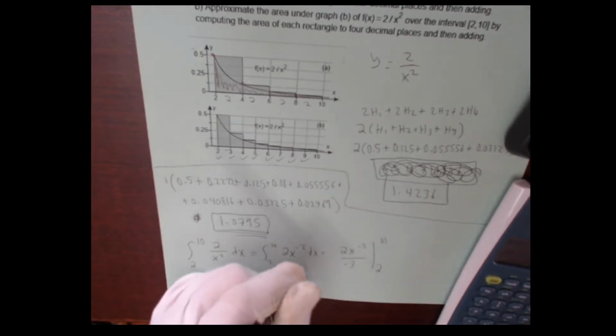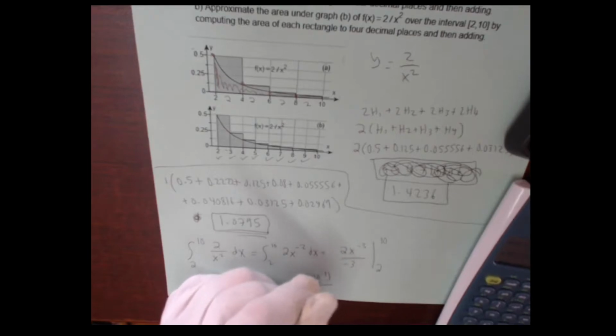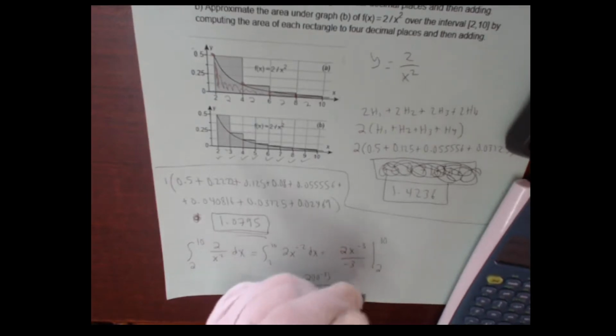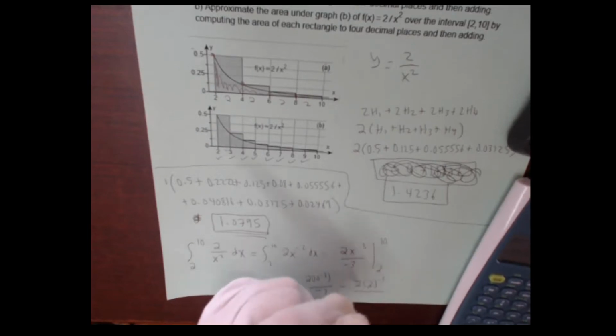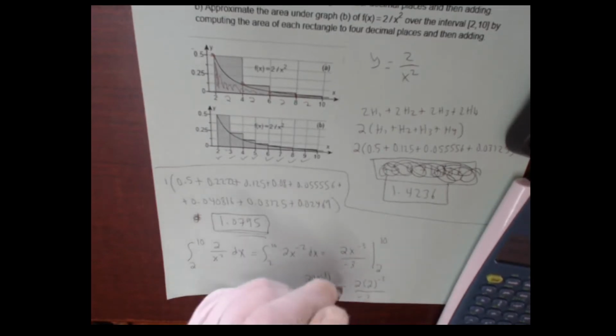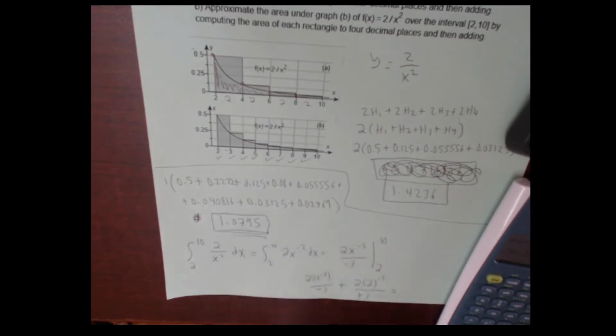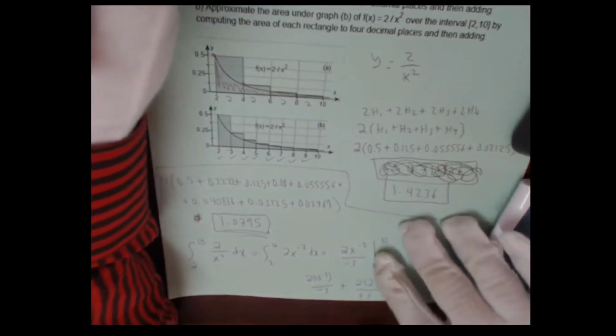That means we do 2 times 10 to the negative 3 divided by negative 3 minus 2 times 2 to the negative 3 divided by negative 3. And so those 2 minuses are going to become a plus. Again, if you don't follow any of this, don't worry. We're going to explain it in the next video.